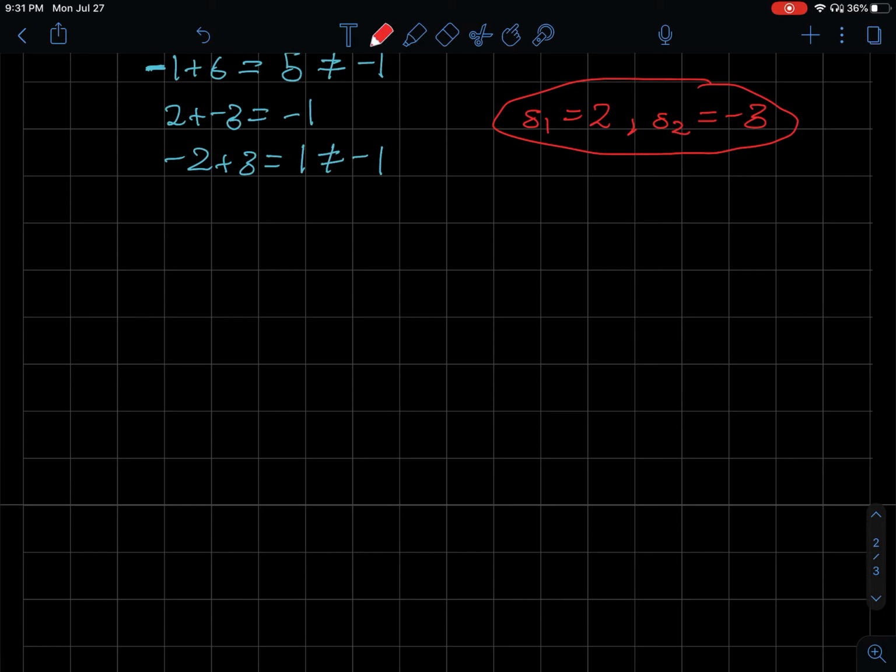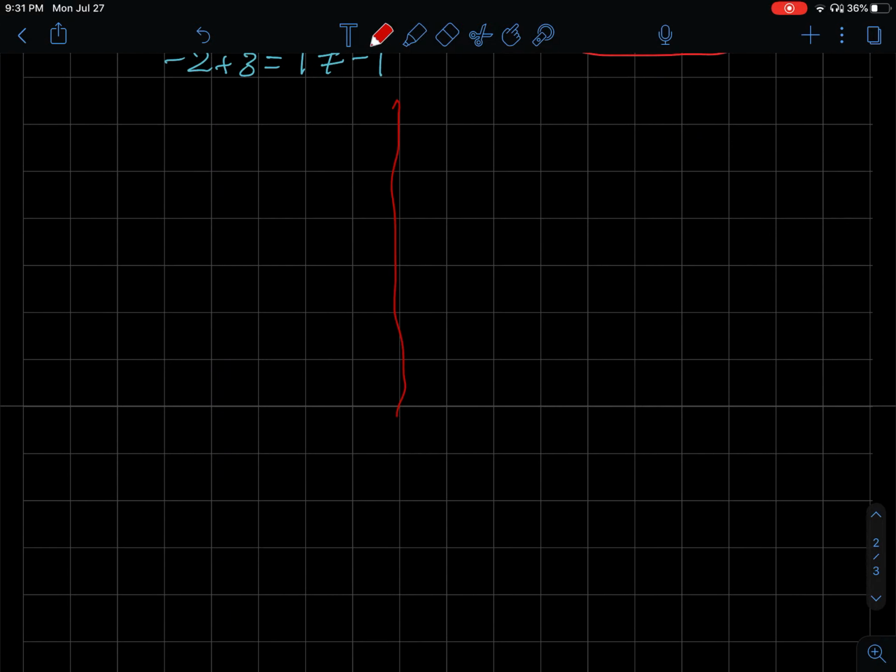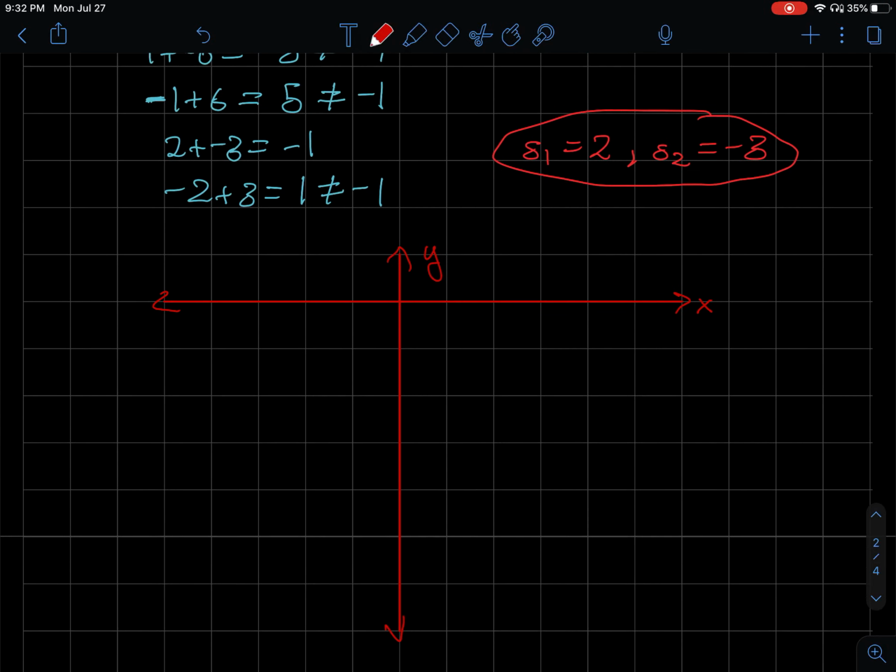So let's graph this. I'm going to draw the axes, and if you watched the last video, you'd notice that these numbers are somewhat interesting. In fact, we actually found these on the graph earlier in the previous video. Since these are the roots, we already know at these points the y-coordinate is 0.